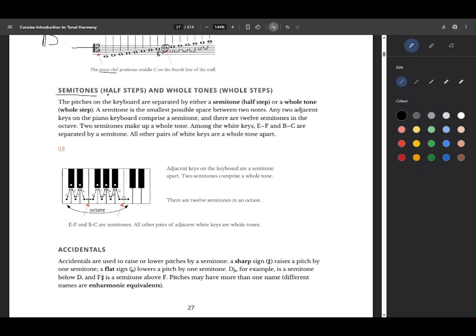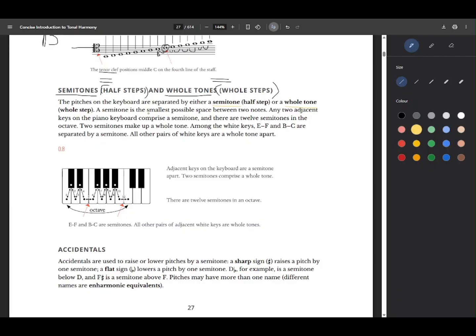So semitones, also known as half steps, and whole tones, also known as whole steps. These are interchangeable terms. So the book says, pitches on the keyboard are separated either by a semitone or a whole tone.